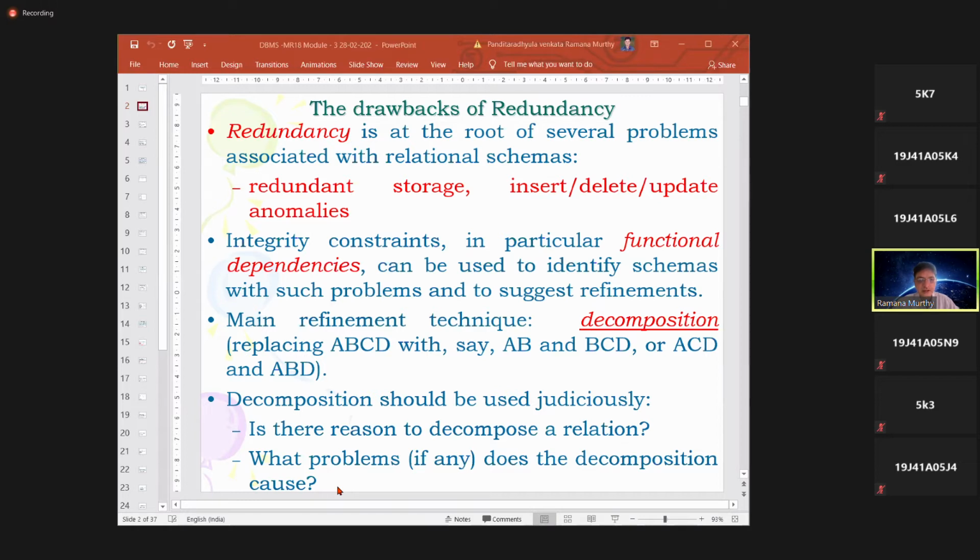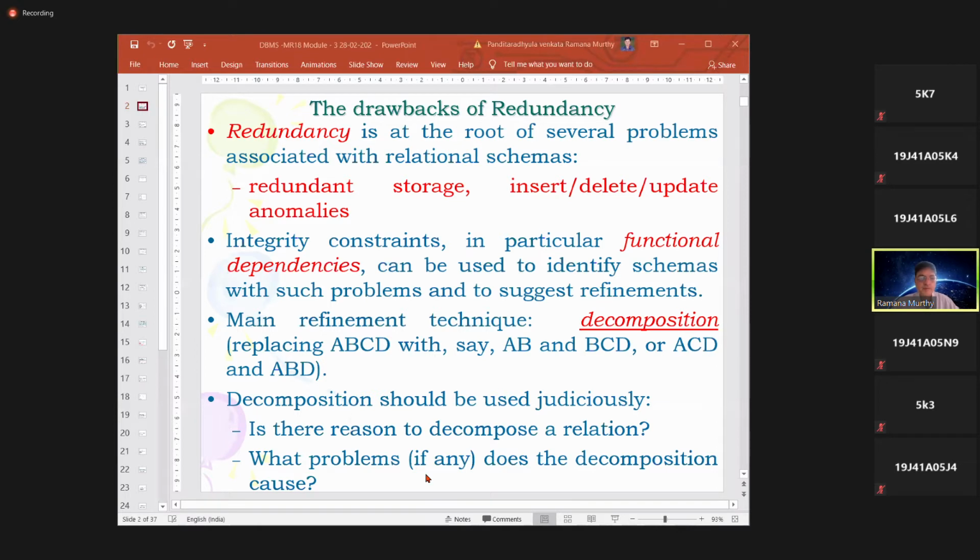Even though we are dividing a 4-column table into 2 tables, the 2 tables can be AB and BCD, or AC and BCD, or AD and BCD. One column must be common, or vice versa also, like ACD and ABD. The only thing is we identify at least one column is common. Based on this, we can divide the table into 2 or more tables.